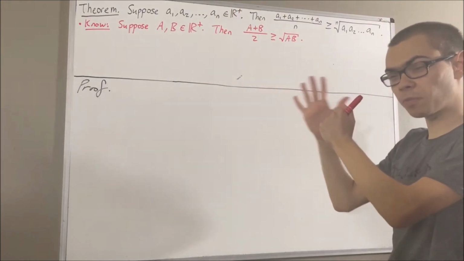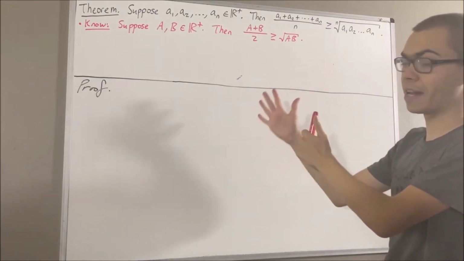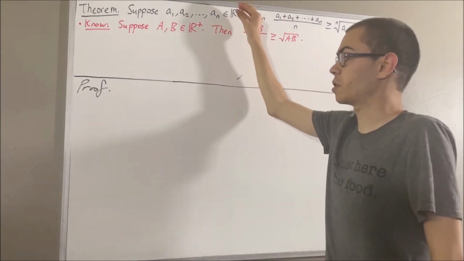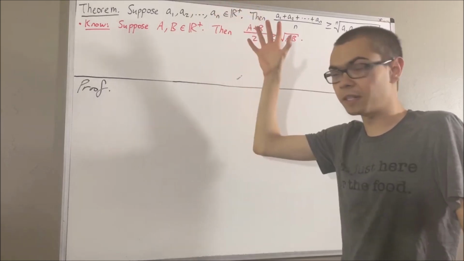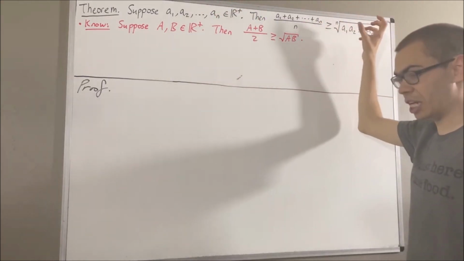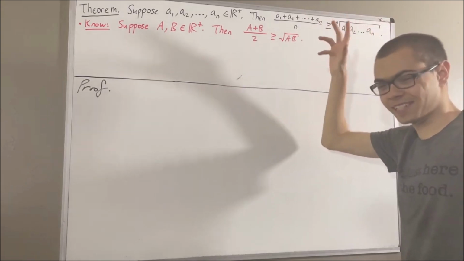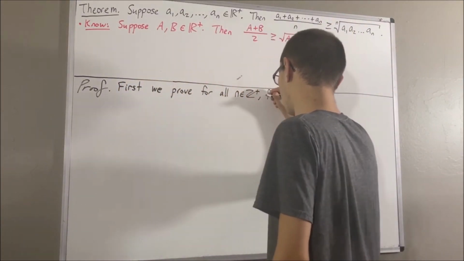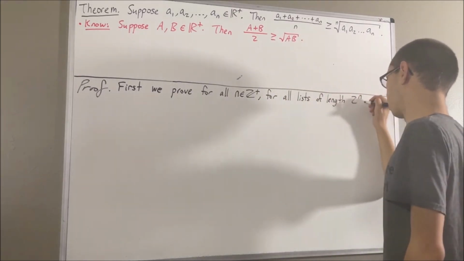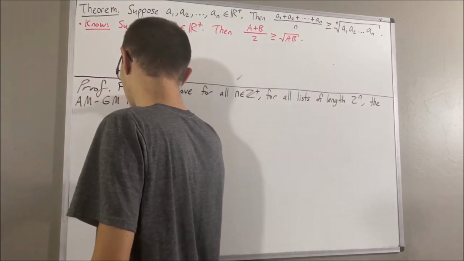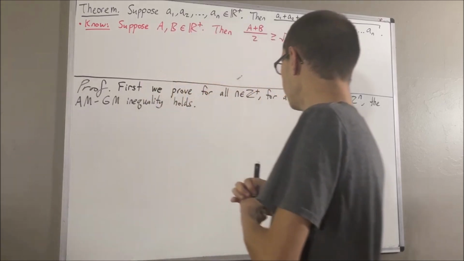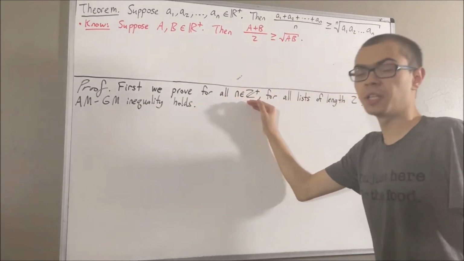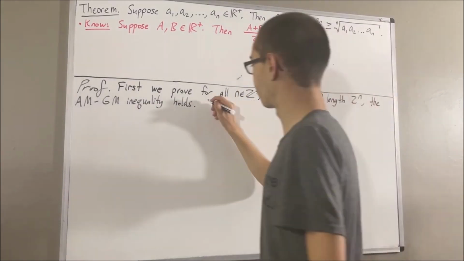Specifically, we are going to first prove that for all positive integers n, for all lists of positive real numbers of length 2 to the power of n, the AMGM inequality holds for that list. And since we're trying to prove a statement about all positive integers, we're going to use induction.